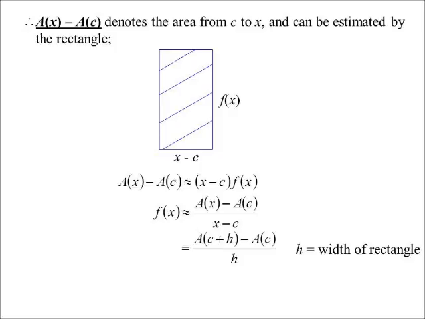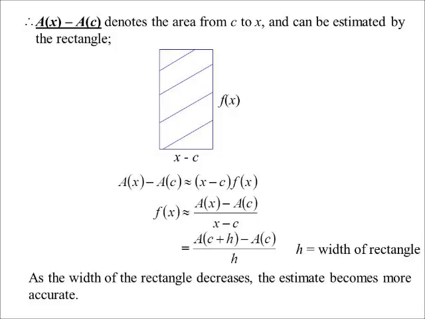I'm going to write it slightly a different way. Instead of saying area X, I'm going to call it area C plus H, where H is the width of the rectangle. Okay? So it would be area C plus H minus area C over H. It's starting to look a little bit familiar here, I hope. But as we said, we want to look at the limit.